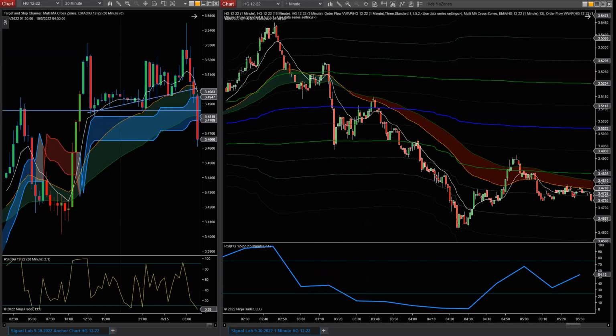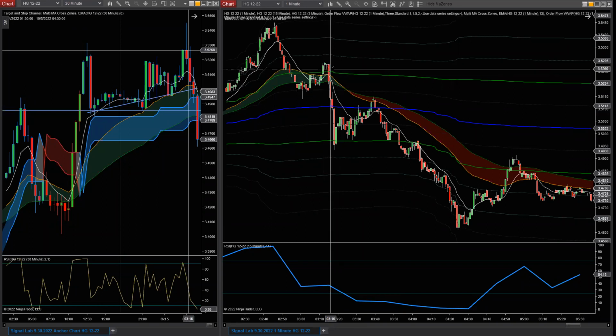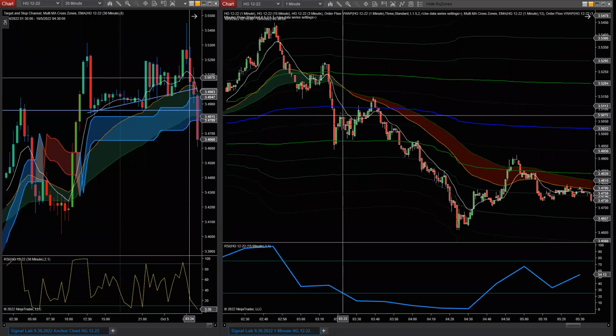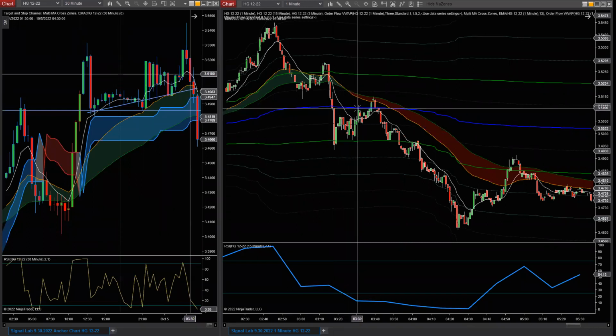There's a little 1, 2, 3 pattern right there. The market had broken down, and remember, this is really your first pullback to the moving averages, right? So you're going to draw your trend line like that, but you're not connected to another pullback.